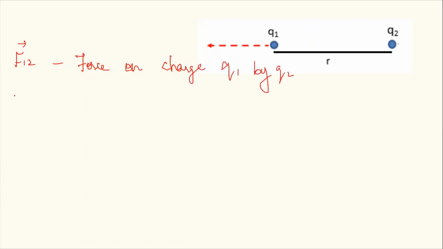F12 will be equal to 1 by 4 pi epsilon naught Q1 Q2 divided by R square again. Who is exerting the force now? Q2 is exerting the force on Q1, so the distance will be from 2 to 1, and the unit vector will be R21 cap. Now what is this R12 vector or this R21 vector?